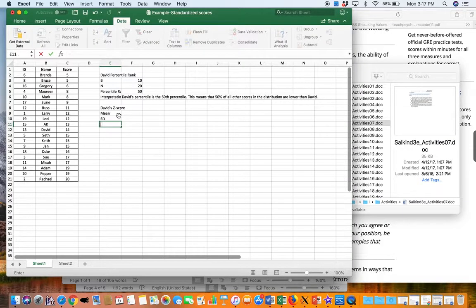And it is basically going to be whatever David's score is, so 14. And this formula is on page 98, by the way, in the textbook. David's score minus the mean, divided by the standard deviation.